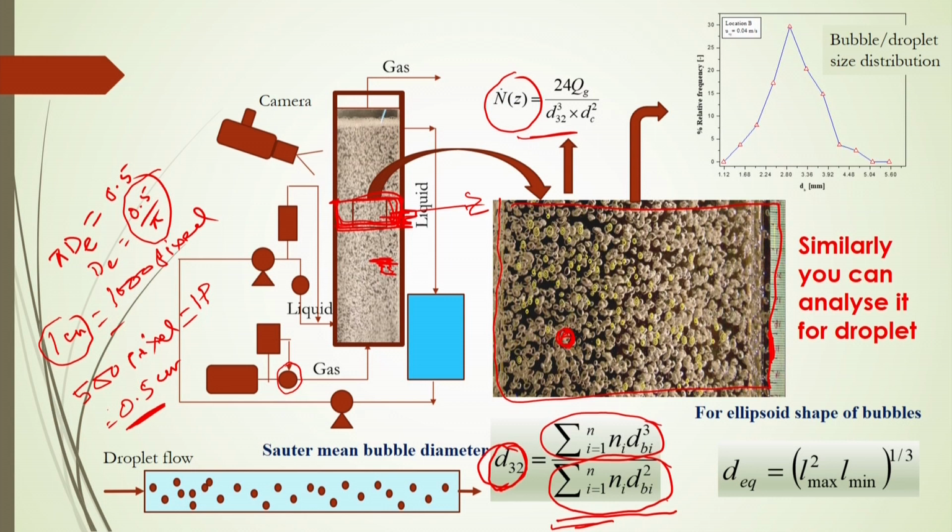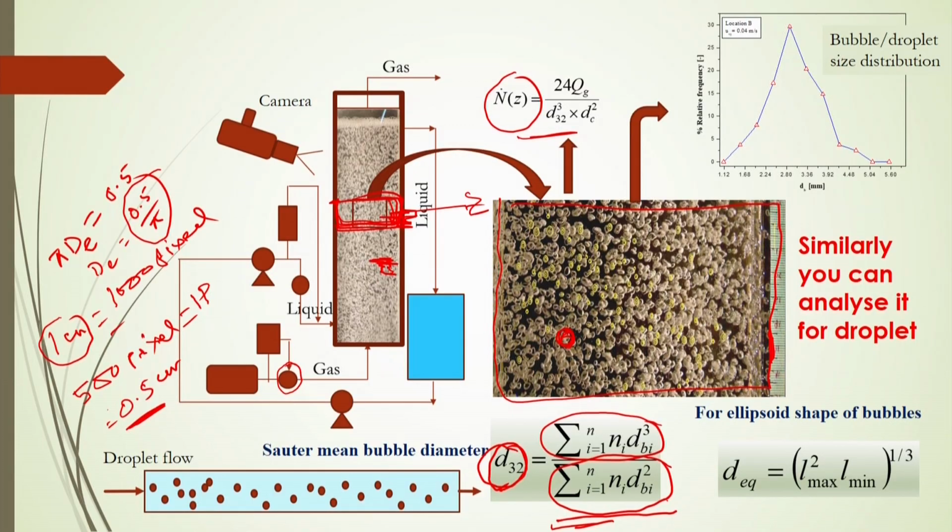You can consider equal-length classes. Like this you will get 10 classes. Out of those 10 classes, you have to count how many bubbles are coming within that particular class.